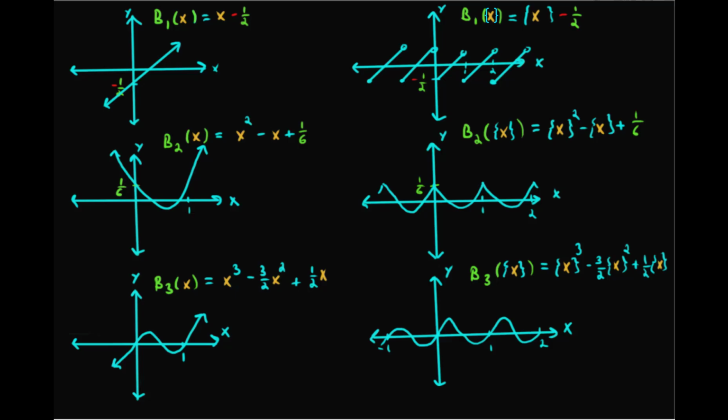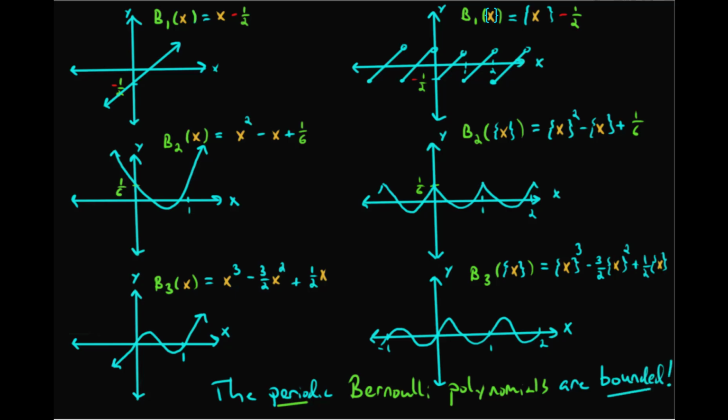And now the fact that these periodic Bernoulli polynomials keep showing up in our error integrals for the various forms of the Euler-Maclaurin summation formula that we've derived is really great news for us, because the periodic Bernoulli polynomials are bounded, which means that even if we can't directly compute the error integral, and often we can't, we can still very often estimate that integral numerically because we have good bounds on the behavior of the periodic Bernoulli polynomial contained in the integration.